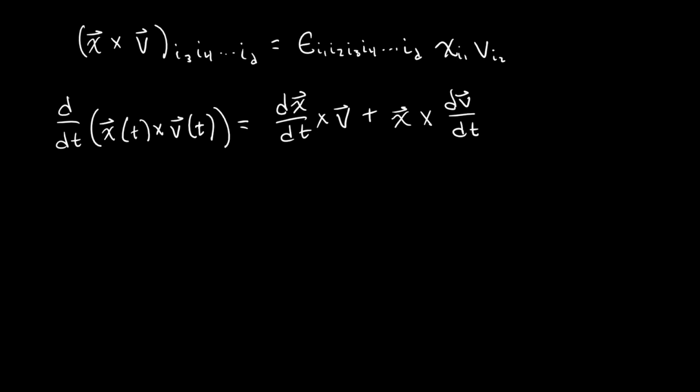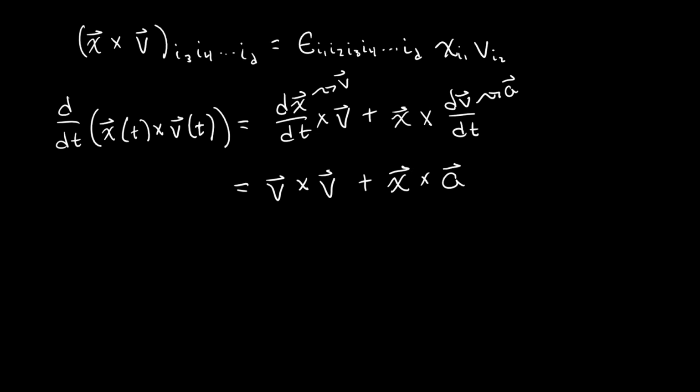But I know what these derivatives are. This gives me the velocity. This gives me the acceleration. And so when I take this time derivative, I get the velocity crossed with the velocity, plus the position crossed with the acceleration.